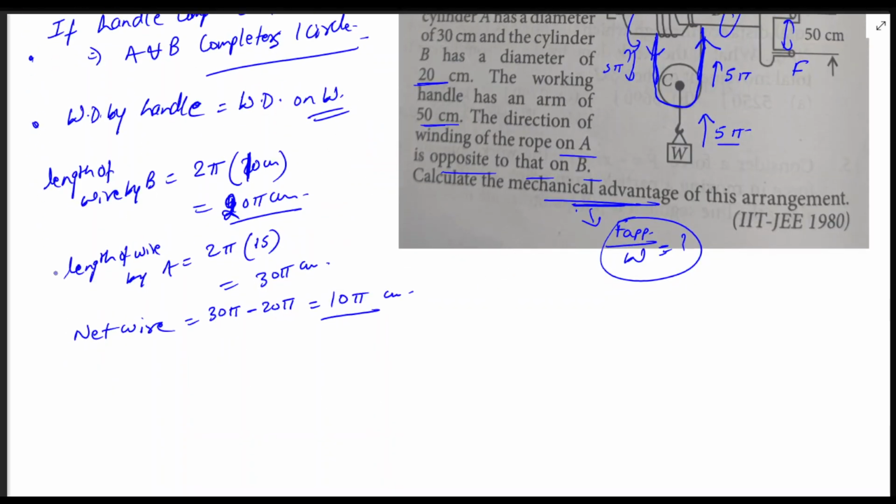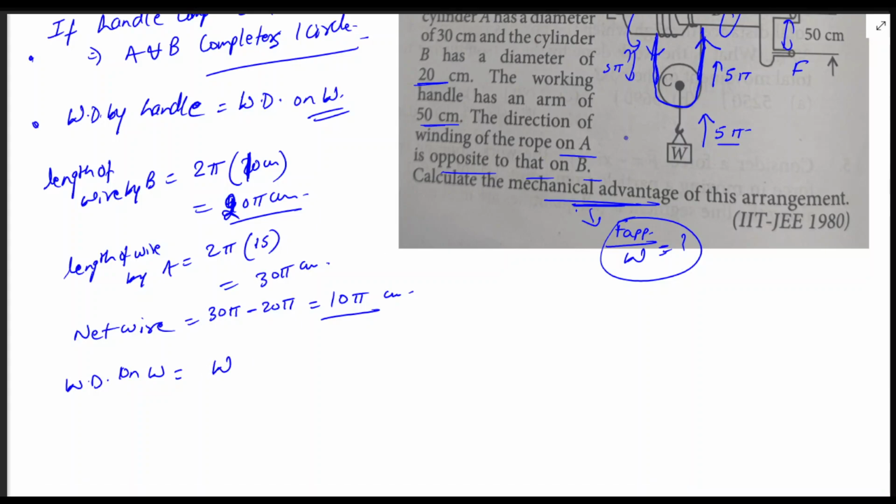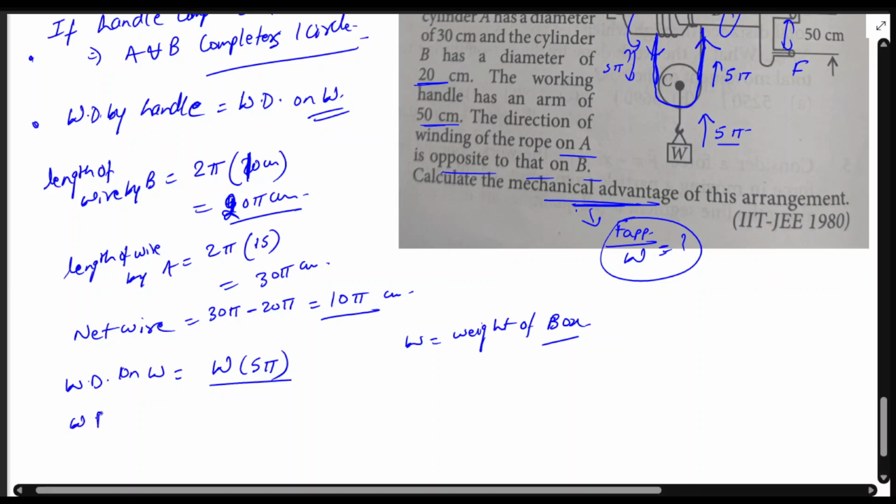So we can simply write work done on W will be equal to the weight, because tension will be equal to W, into 5 pi, right? So W is the weight of the box. Now work done by the F, or the handle.